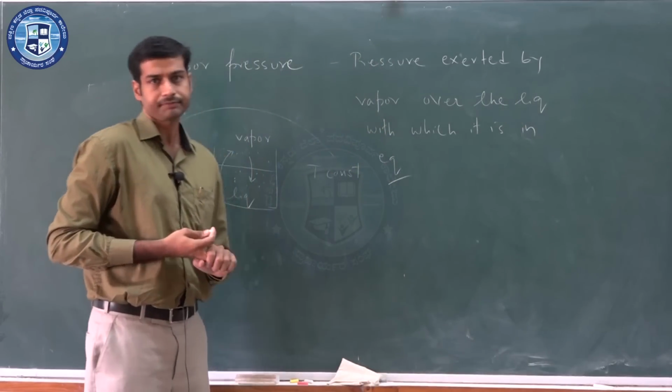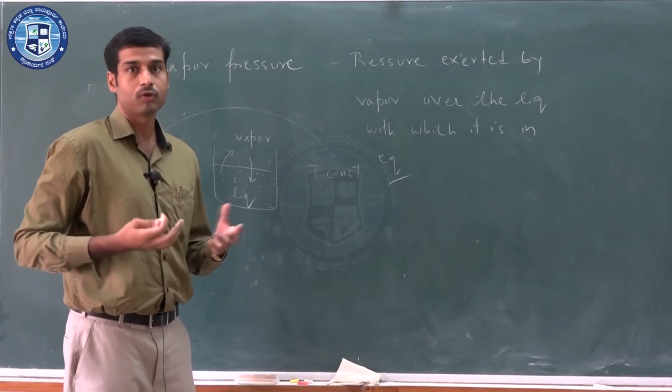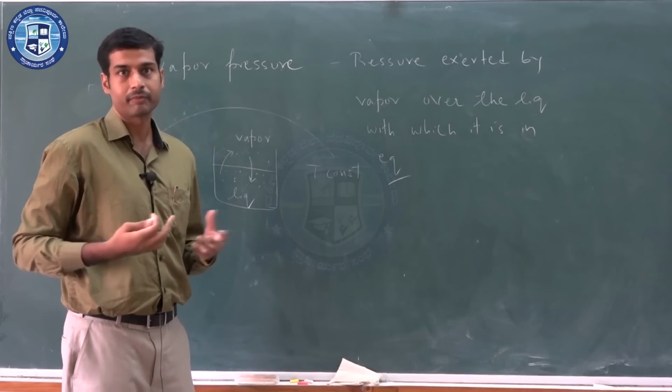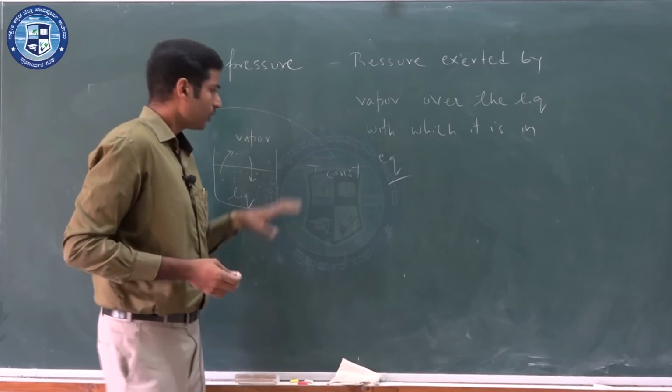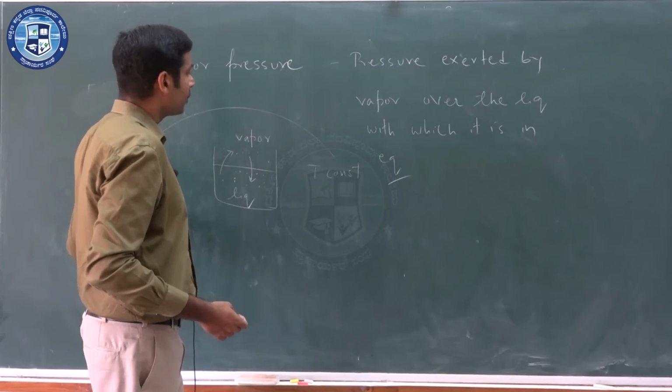Of course, all this will happen at a given temperature. If temperature increases, more molecules will go into the vapor phase and the vapor pressure will increase. With this as the background, let us now consider a liquid mixture.